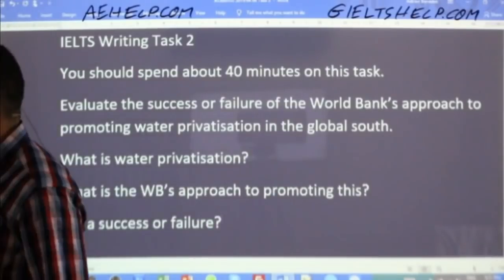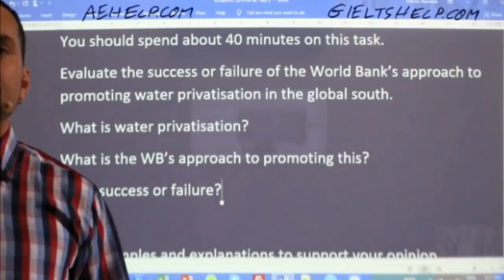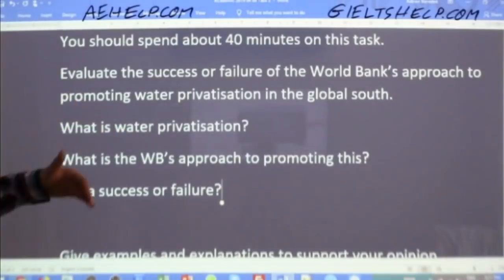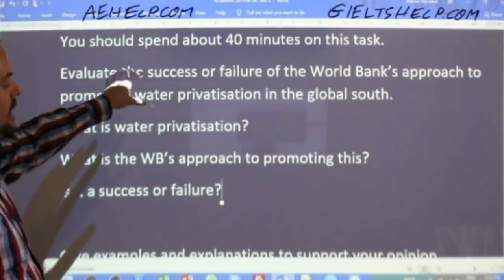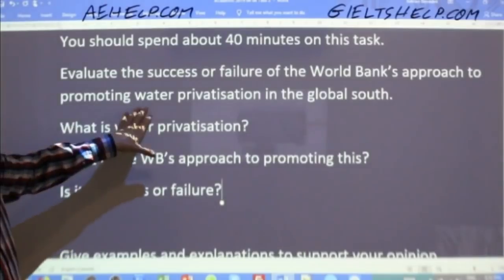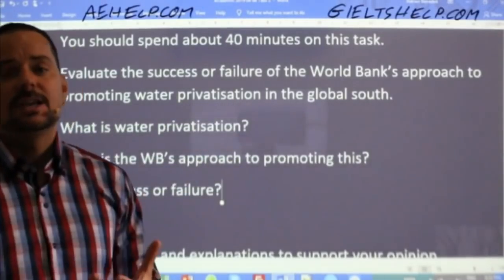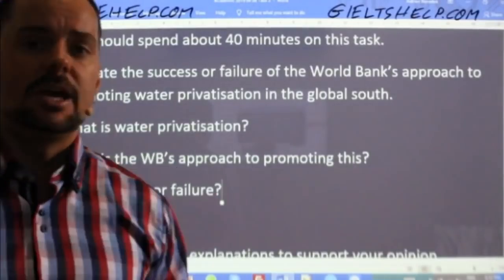Okay, this is what you should be doing, students. When I put it out like that, you're probably going, oh, okay, that's starting to make more sense. So when you have something like this, break it down into its components. What are we talking about here? We're talking about water privatization. What is water privatization? Let's answer that question first, okay?